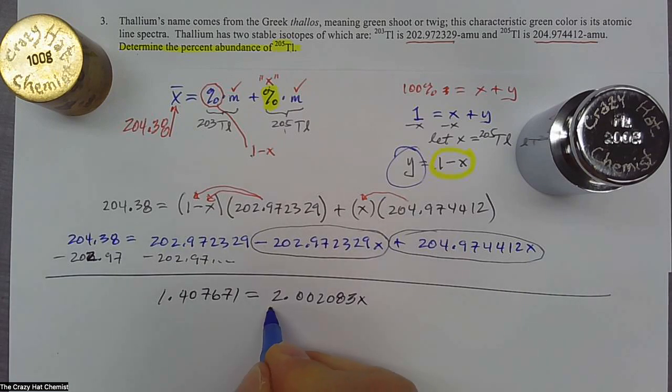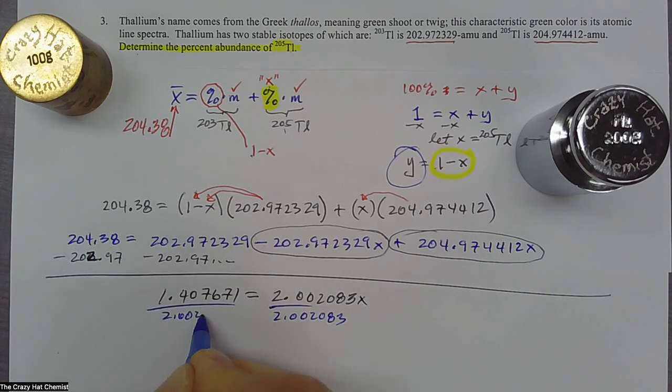And then we're going to divide by this number right here, 2.002083, and we are going to get x is equal to 0.703103217999.